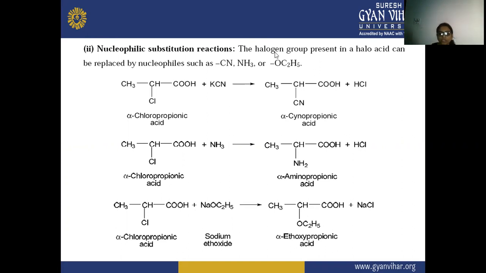When this sodium ethoxide dissociates, there is a formation of Na positive and OC2H5 negative, and from here the Cl is removed and attaches to the sodium. So there is a formation of NaCl, and the OC2H5 attaches in place of the chlorine. Then alpha ethoxypropanoic acid is formed here.